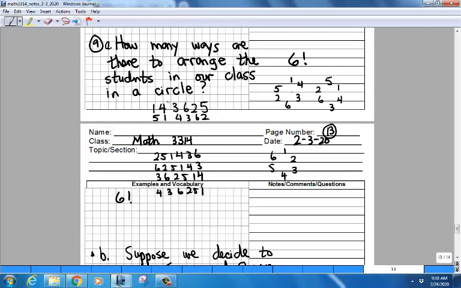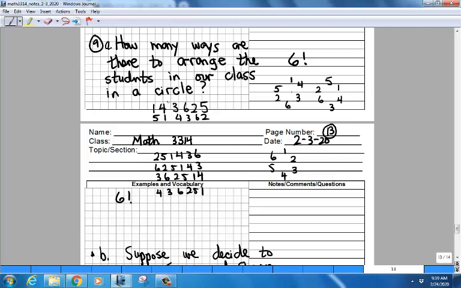6. So what do I need to do here to adjust the correct number? See, each one of these 6 permutations led to really the same circle. So I've overcounted the number of circles by a factor of what? 6.